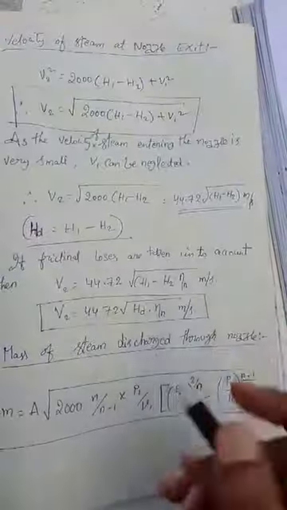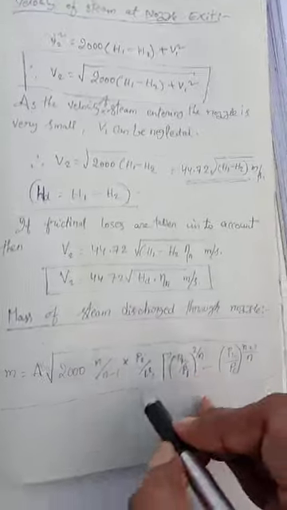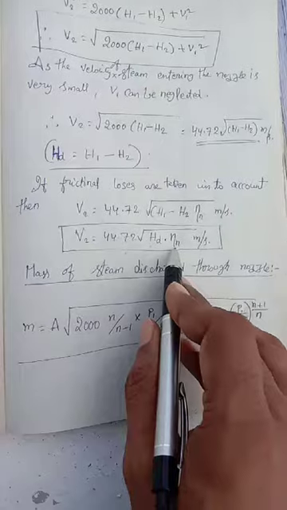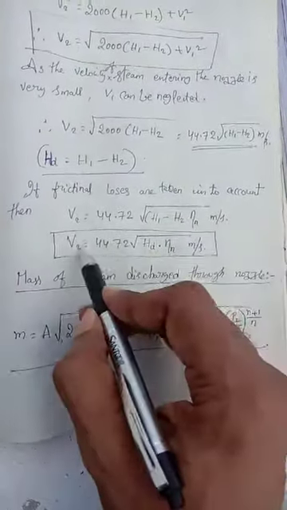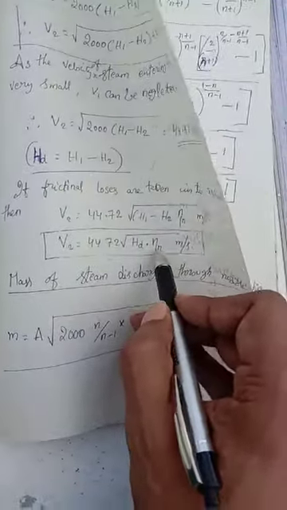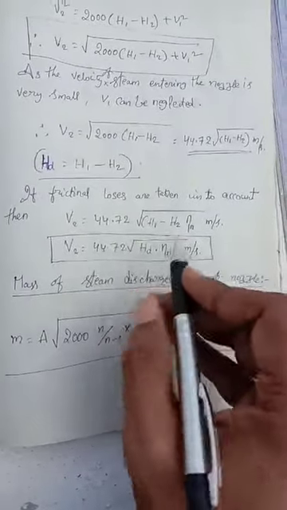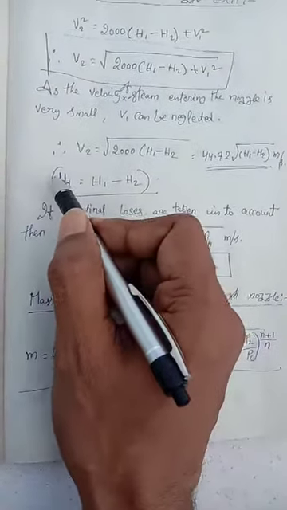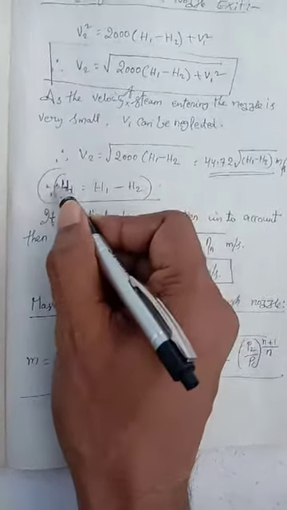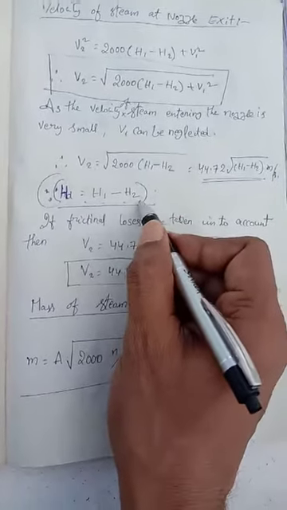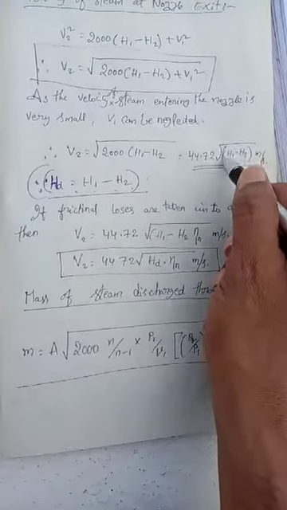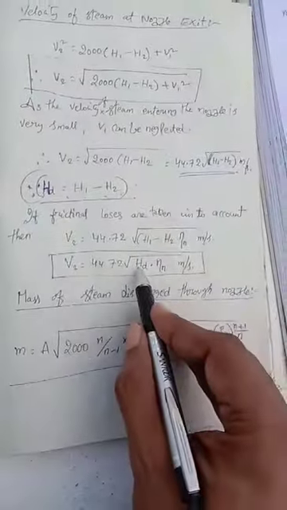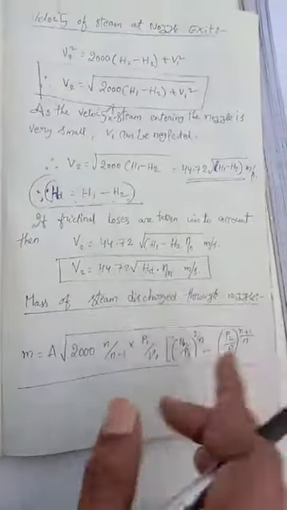This is the main equation, and the final equation here is V2 is equal to 44.72 square root of HD, and nozzle efficiency. Here in this equation we can find out nozzle efficiency also. Since HD is equal to H1 minus H2, you can substitute in this place in HD. That's why I put it in here. This is the most important thing.